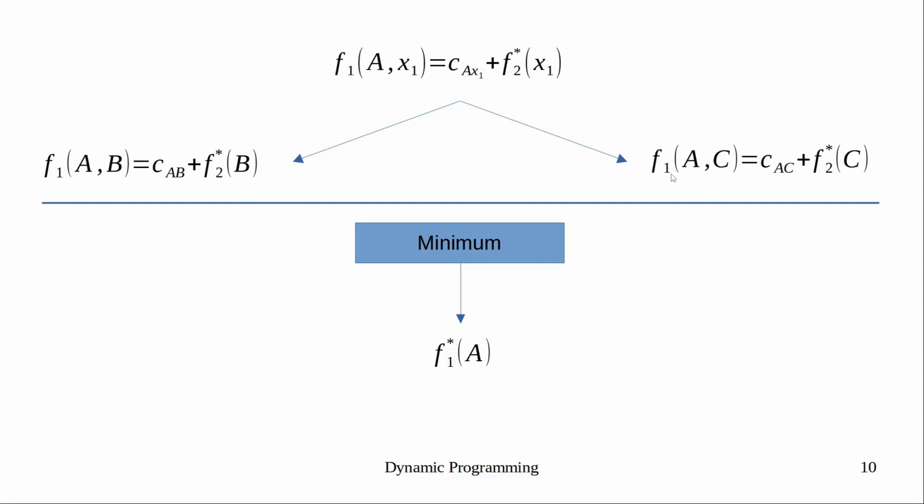Or it can be F1(A to C), which is C(AC), the cost in going from A to C, plus F2 star(C), that is, if from C you go to J, what is going to be the minimum cost. Now the minimum of these two is going to be F1 star(A).